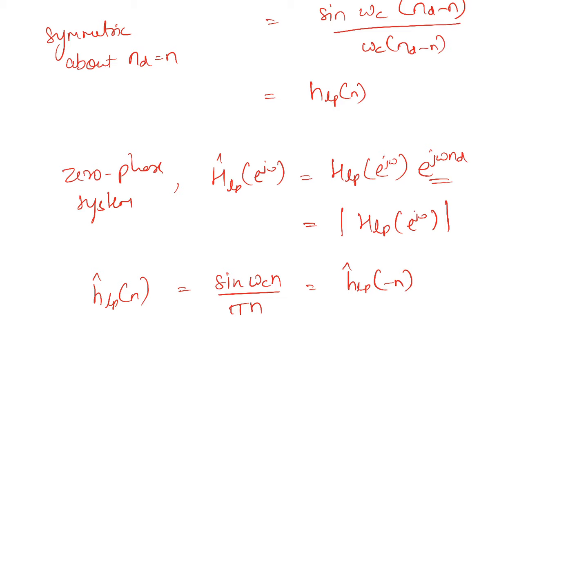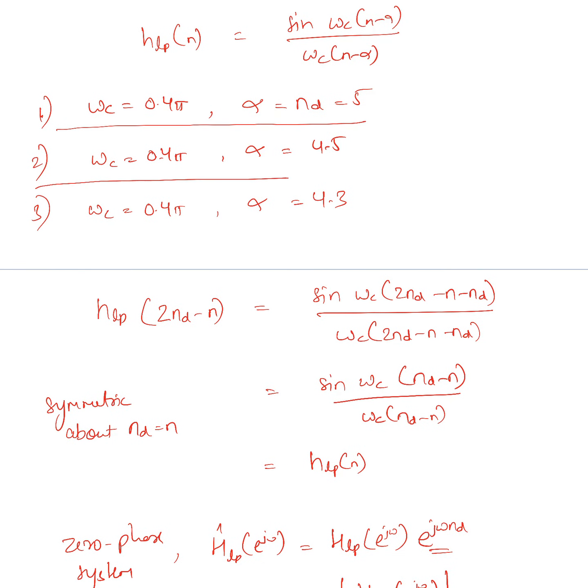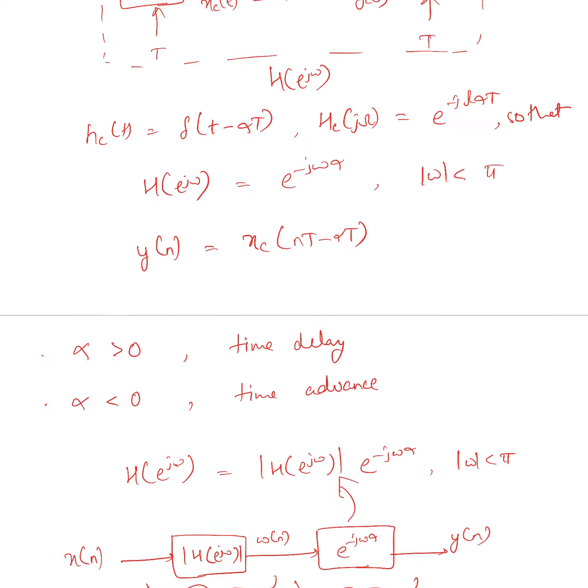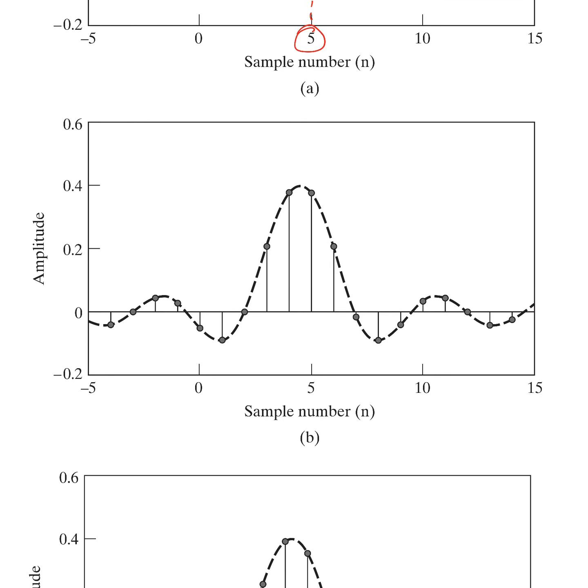Okay, now talking about the second case, which is omega c equal to 0.4 pi and alpha equal to 0.5. If we plot the impulse response of this sequence, what do you see? There is some symmetry in the impulse response.